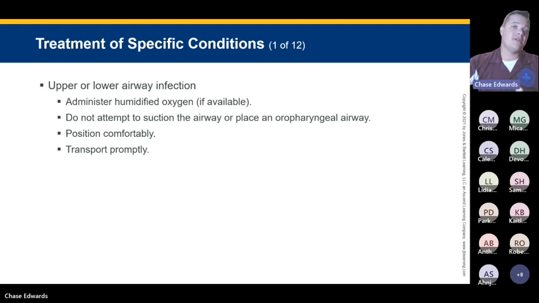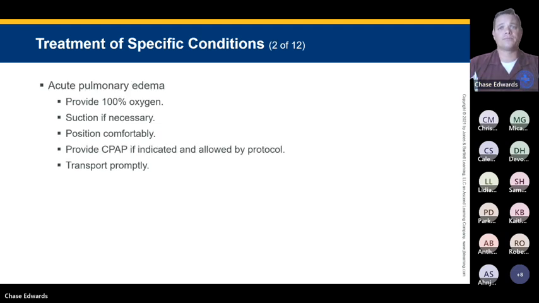You want to make sure to put them in a position of comfort and then transport those patients promptly. All right, moving on to acute pulmonary edema. You want to provide 100% oxygen, suction if it's necessary, position of comfort. You want to provide CPAP if it's indicated and allowed by protocol, and then you want to transport promptly.